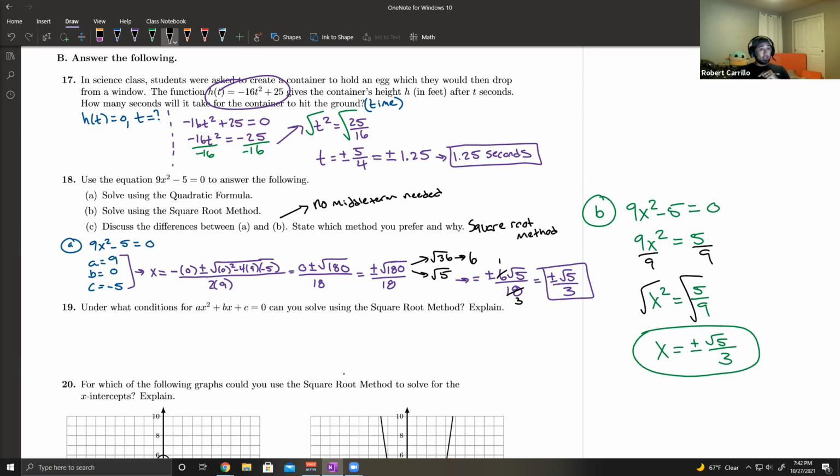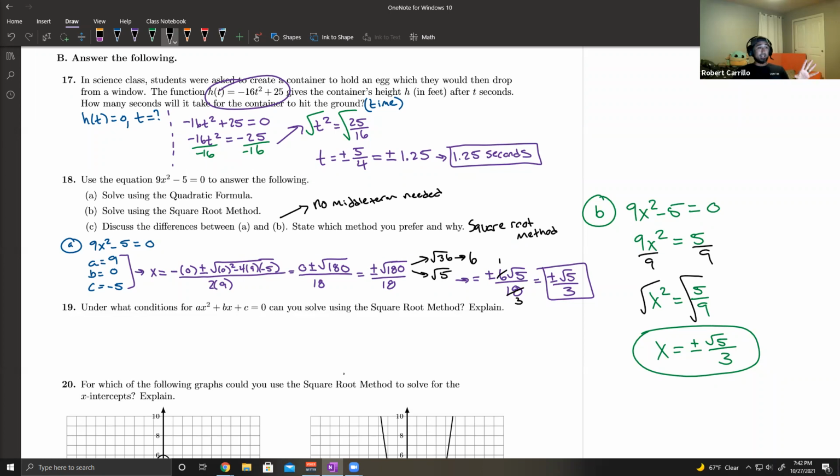Under what conditions is this quadratic equation ax squared plus bx plus c equal to 0 one that you can use the square root method on? We want to apply a certain condition to it.